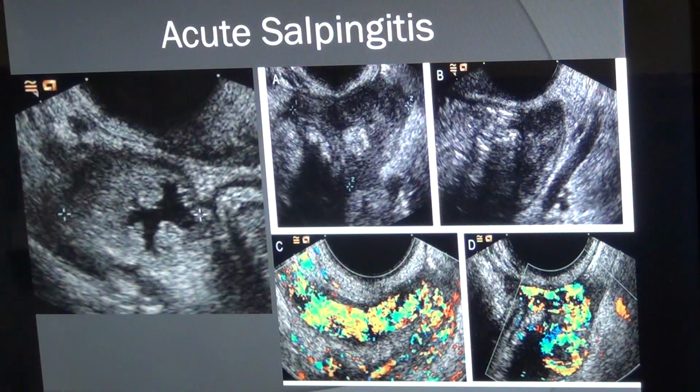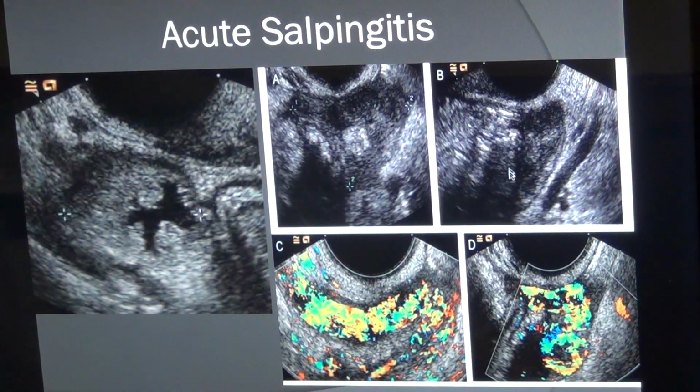Okay, so this pelvic adhesion can cause infertility, and the most common cause of infertility is PID, and the most common cause of salpingitis is PID, pelvic inflammatory disease, and sexually transmitted disease is the most common cause of PID.